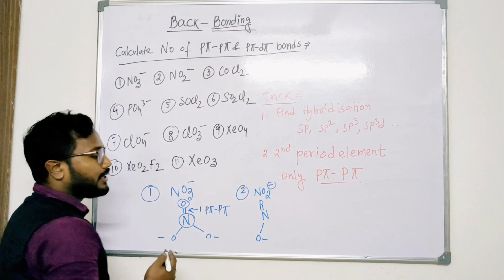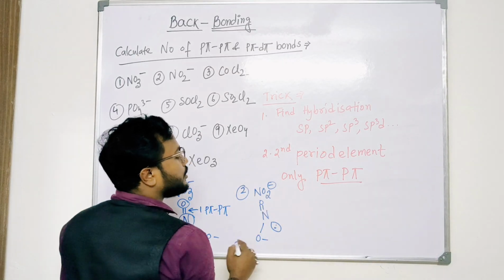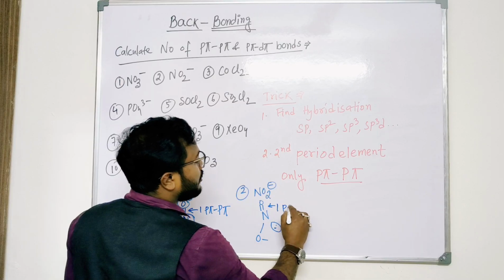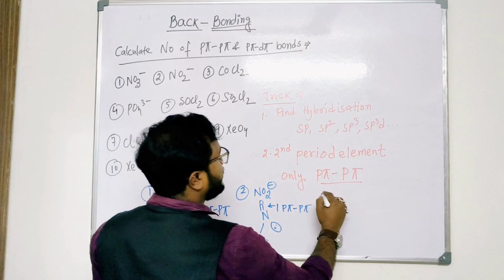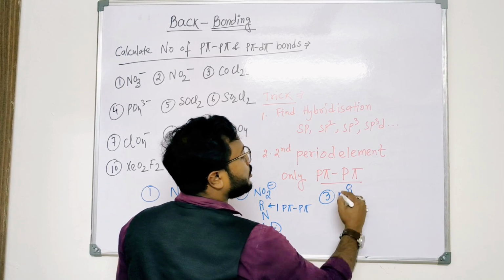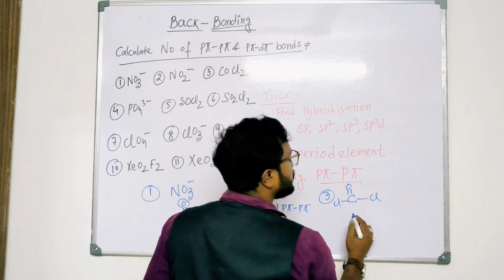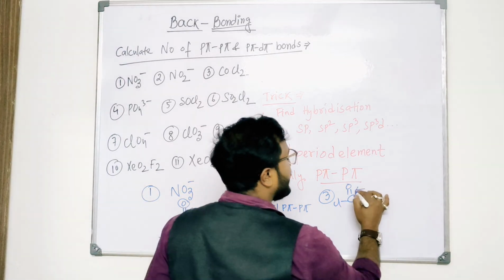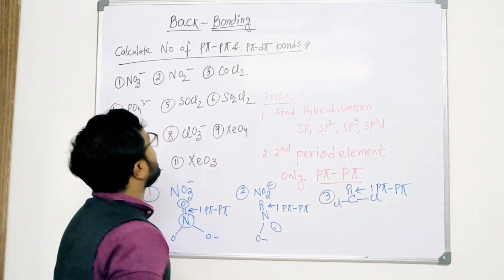In that case, one lone pair will be there. So in that case 1 p pi back bonding. Next case we take COCl2: C double bond O, and Cl. In this case also both are second period elements. Here one p pi back bonding is observed.